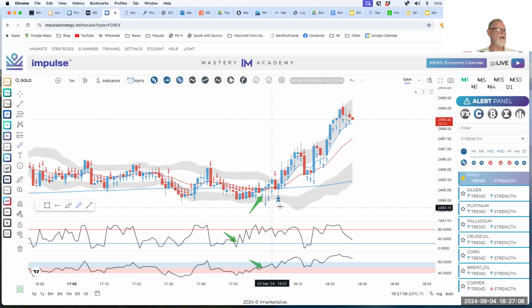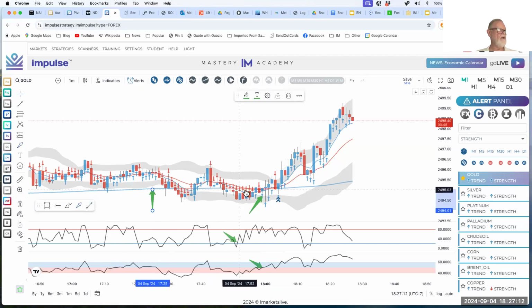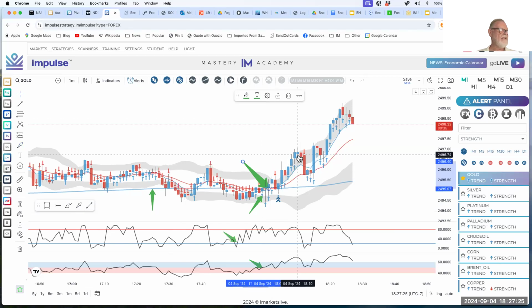Our trend line is obviously another signal: right here, the blue crosses the red. And we're up in the blue Bollinger Band here. So we've got 1, 2, 3, 4, 5.